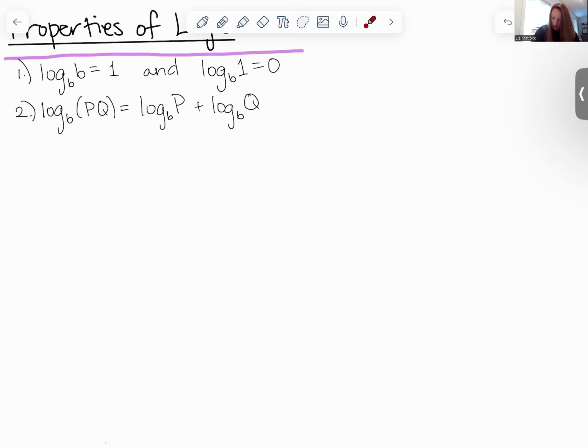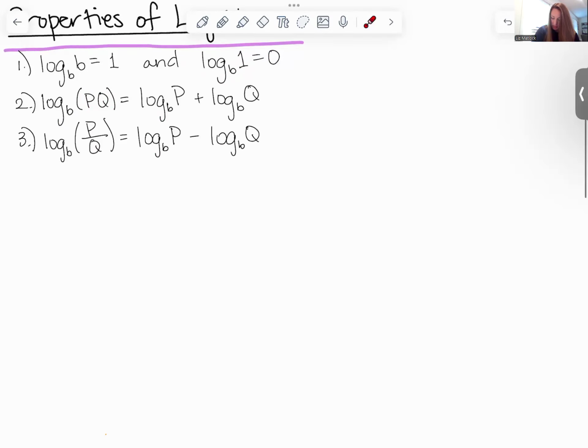All right, so one that's a little less obvious: log base b of a product of two things, p times q, is equal to log base b of p plus log base b of q. Similarly, log base b of p divided by q is equal to log base b of p minus log base b of q.